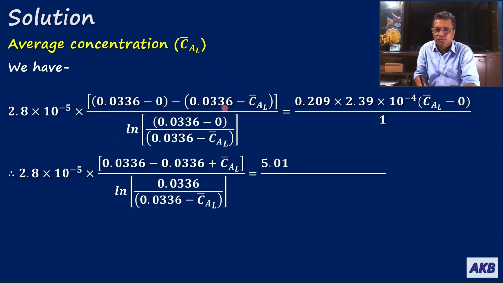That is equal to 5.01 into 10 to the power minus 5 into CAL bar minus 0 divided by 1.